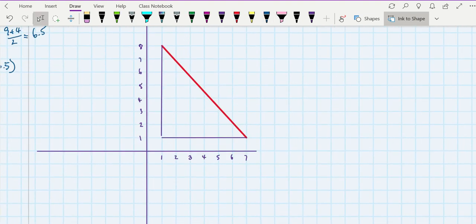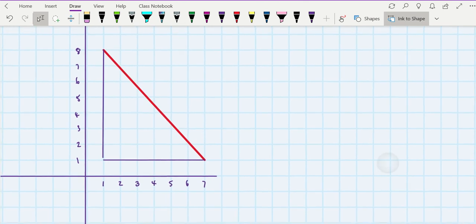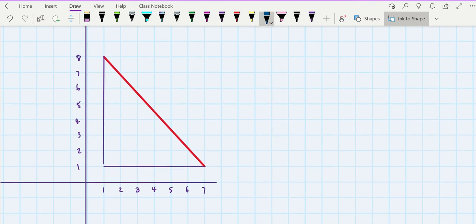Let's have a look at a random example over here. So what I've done is drawn a line segment on a Cartesian plane. And let's have a look at calculating things like the midpoint and the length of the line. So let's label our coordinates. So at this set of coordinates here, this is our x1, y1.